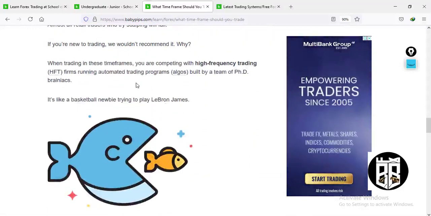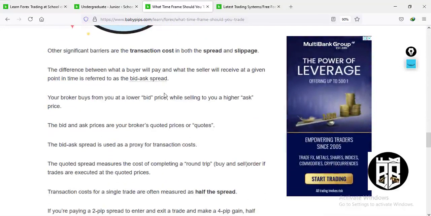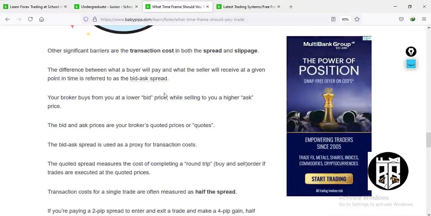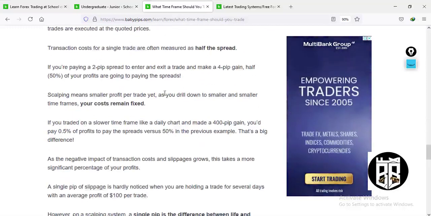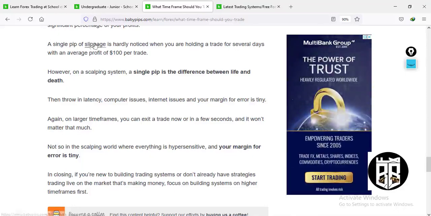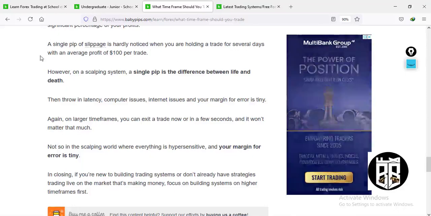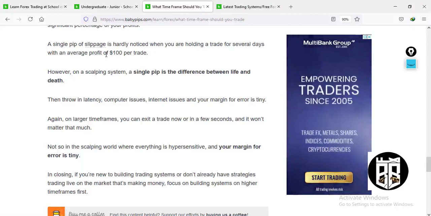If you're trading the smaller time frame, you're paying way more than when you're trading the higher time frame, because of the spread, and suppose a trade goes against you and things like that. So nothing basically serious here that Babypips is saying. A single pip slippage is hardly noticed when you are holding a trade for several days, and that's true, with an average profit of $100 per trade.